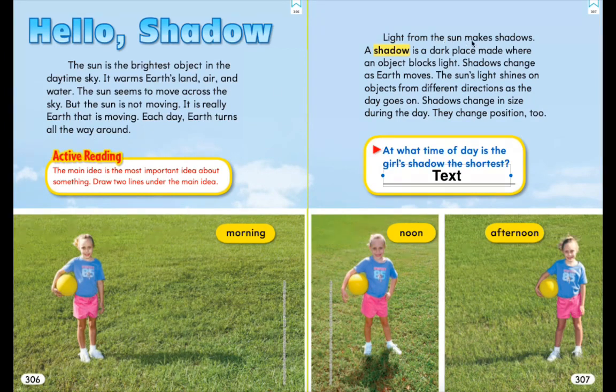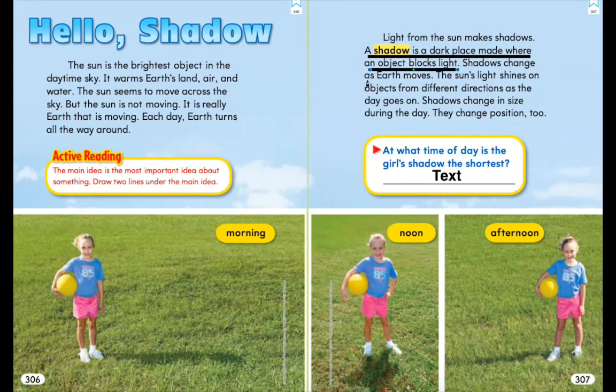Light from the sun makes shadows. A shadow is a dark place. Please underline it. A shadow is a dark place where an object blocks the light. So a shadow is a dark place made where an object blocks the light.